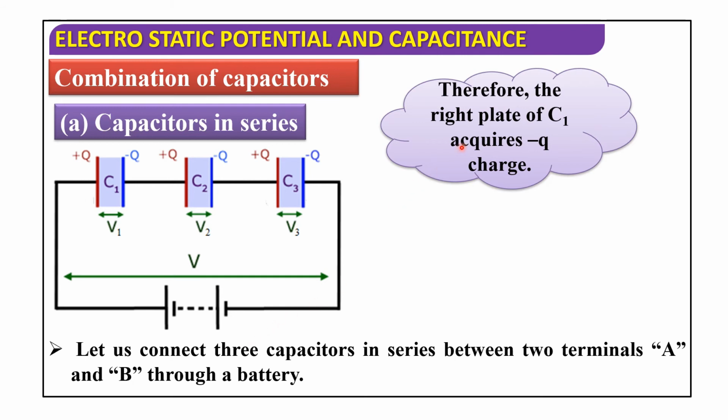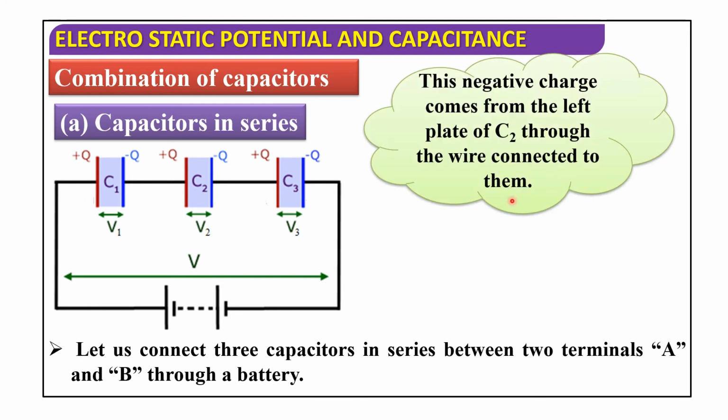Therefore, the right plate of C1 acquires negative charge, that is minus Q charge. This negative charge comes from the left plate of C2 through the wire connected to them.